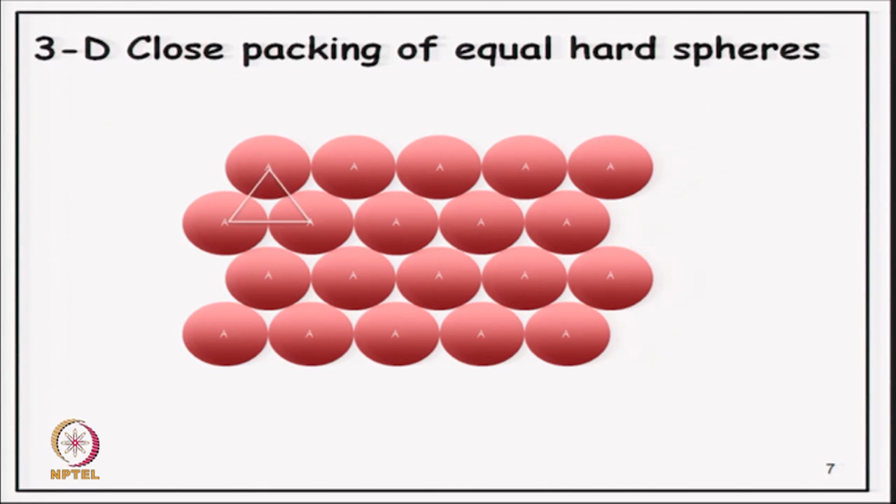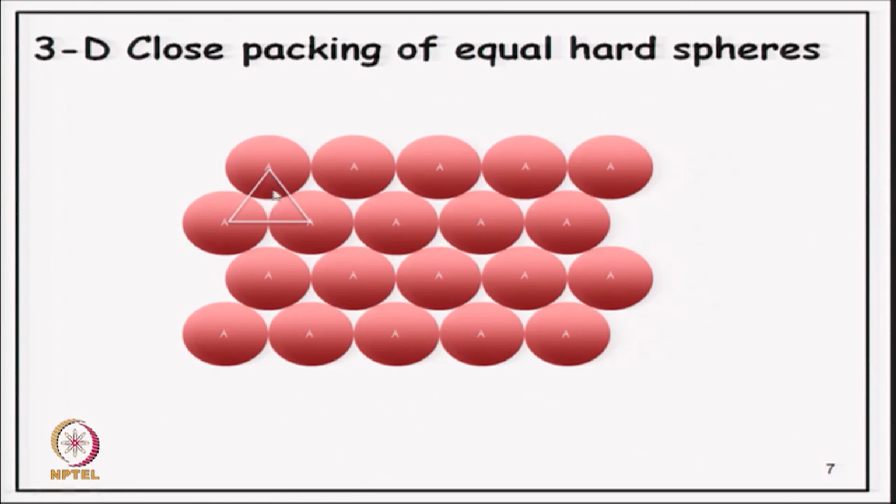Now, if we look at a triangle of 3 A atoms, the next layer of atoms can sit in such triangular crevices. If we make the next layer sphere sit exactly above A, the packing will not be so dense.